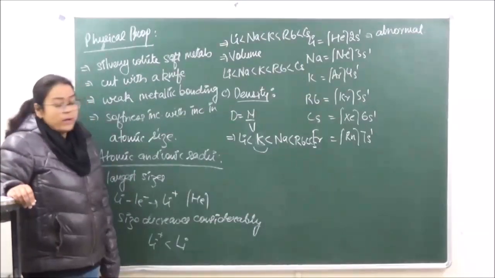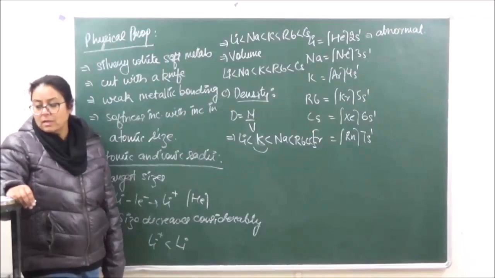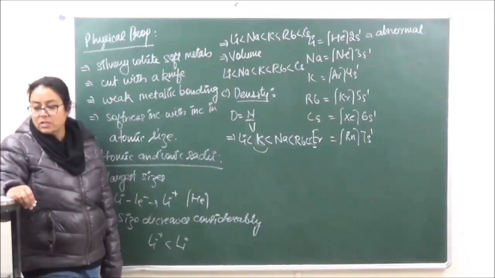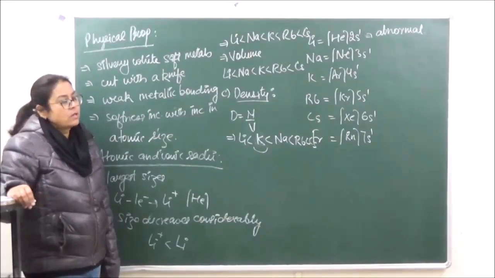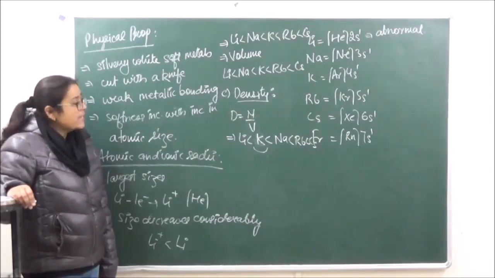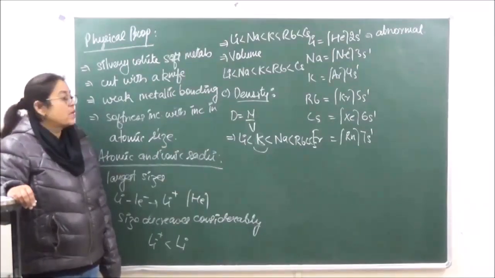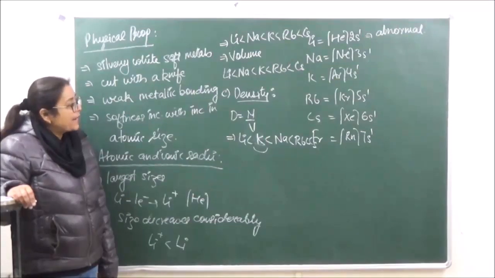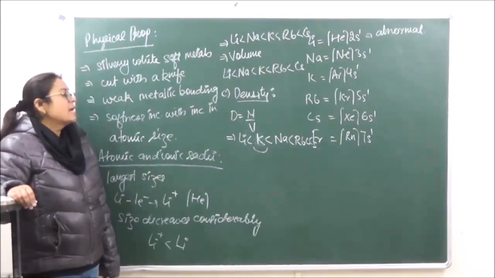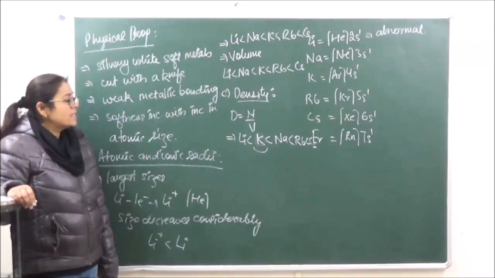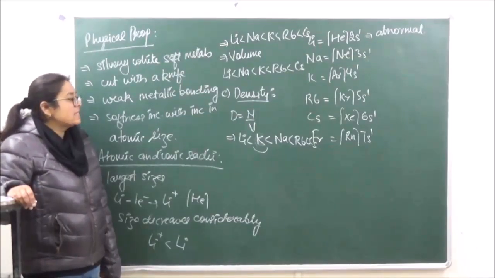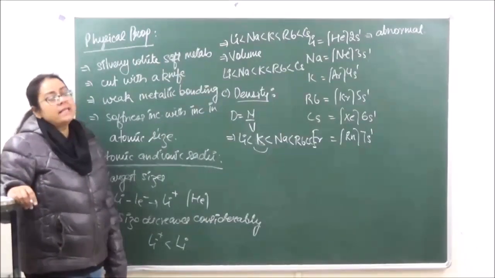As a result, atomic volume increases, but not to a very large extent. So that is the reason that in the density trend of the alkali metals, please remember that after lithium, potassium has a greater density than sodium, then rubidium and then cesium.